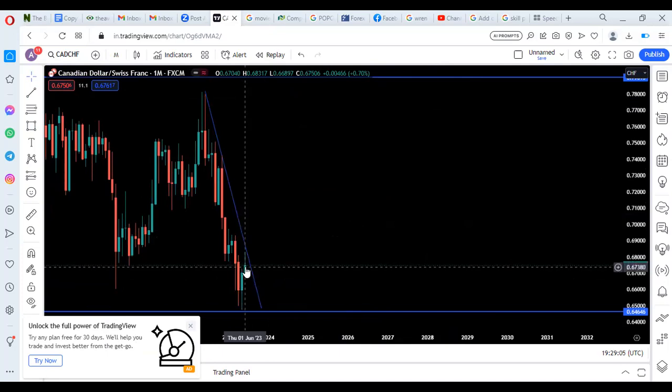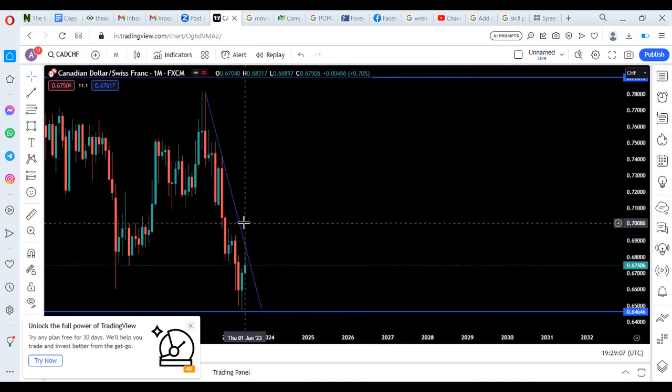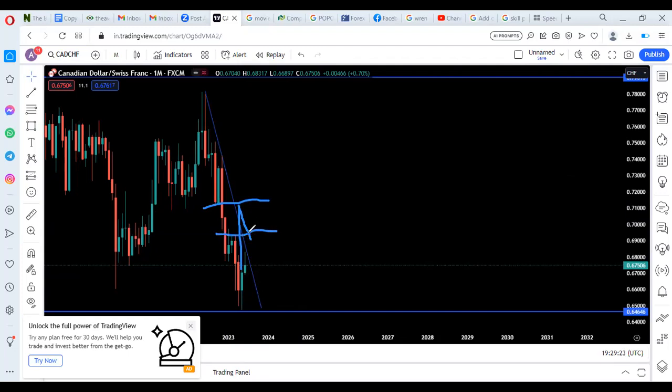If at the end of this month I have a break of structure up to this point, mitigating this level, I should expect a pullback to come to this level, and I should expect a continuation to the upside.